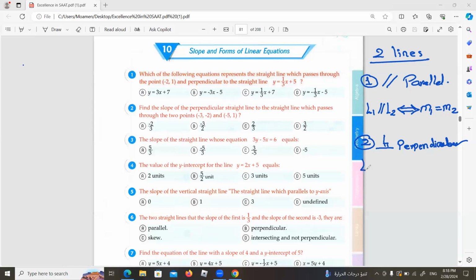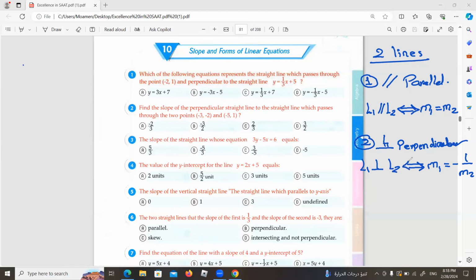So if line L1 is perpendicular to line L2, then we can deduce that the slope of the first line is equal to the negative reciprocal of the slope of the second line. Negative reciprocal means you flip the slope and change its sign. If its sign is positive, I change it into negative. If it's negative, I change it into positive.